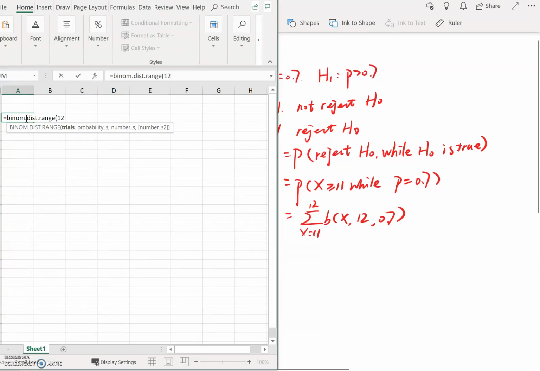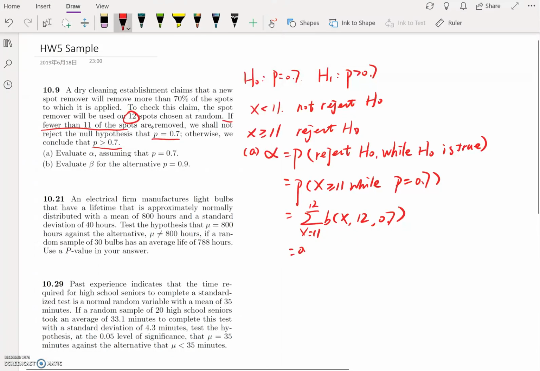It's 12 in this case, and the probability is 0.7. Then these two numbers, S and S2, are the range, where the range starts and where the range ends. So it's 11, then 12, and we get the answer, 0.085.